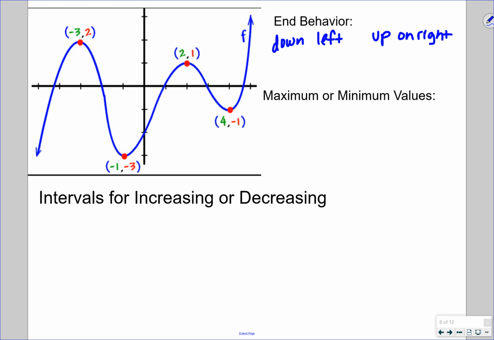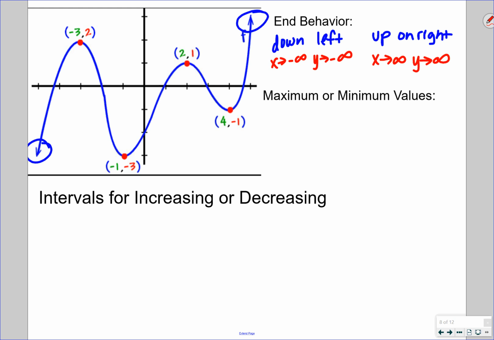And that's basically just from looking at the arrows here and here. So down on the left, again, left is when x is negative. So when x is negative, my y value is going down. It is negative. When x is on the right, I look at positive x's and it is going up. So y is going up towards a positive infinity.